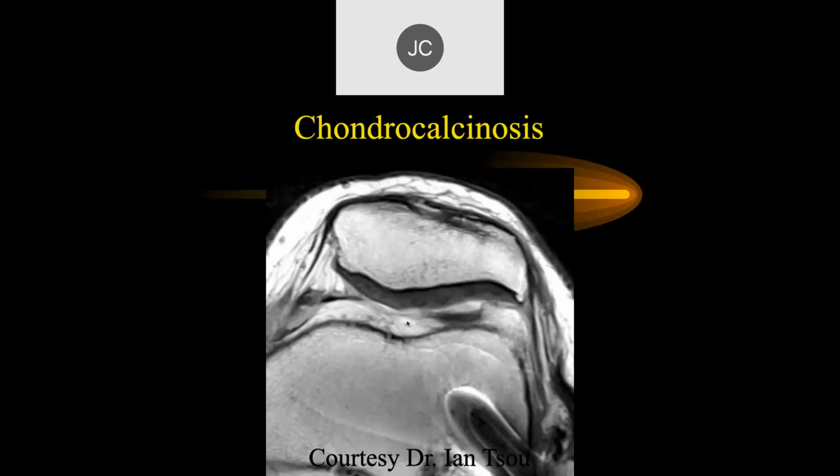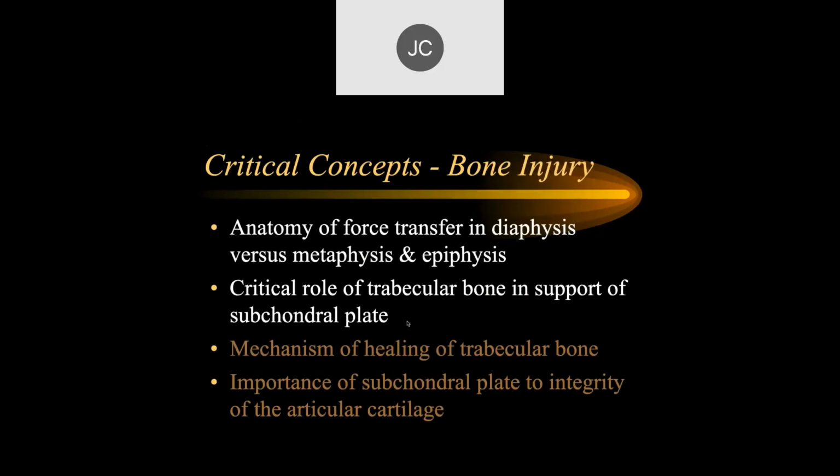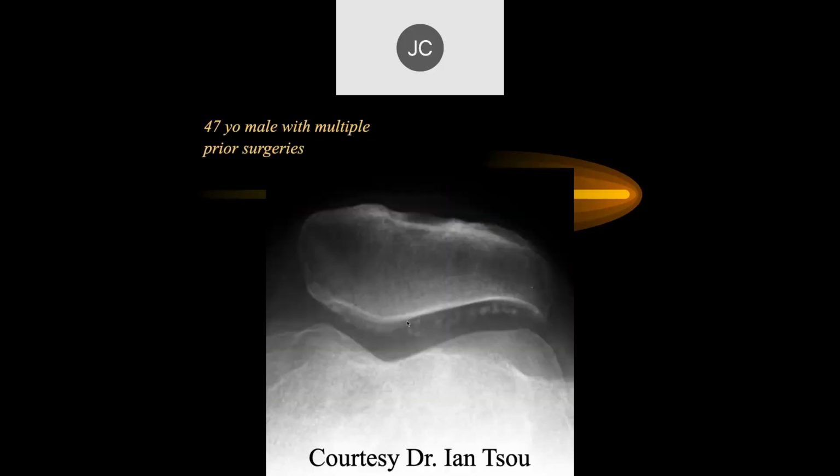But we're not going to go into those in this lecture. So let's stop here and we'll start talking about some critical concepts of bone injury in the next lecture.